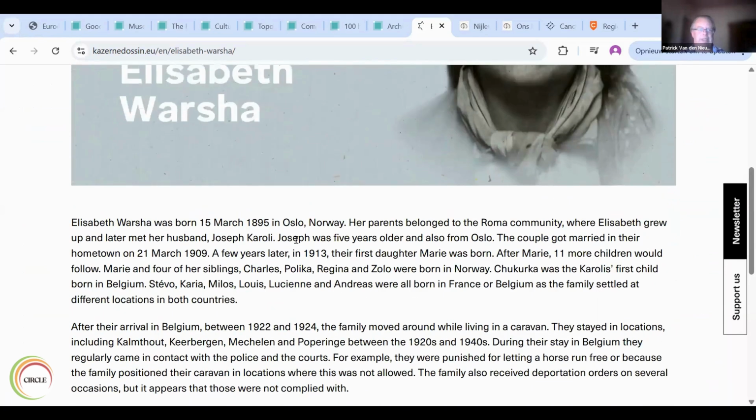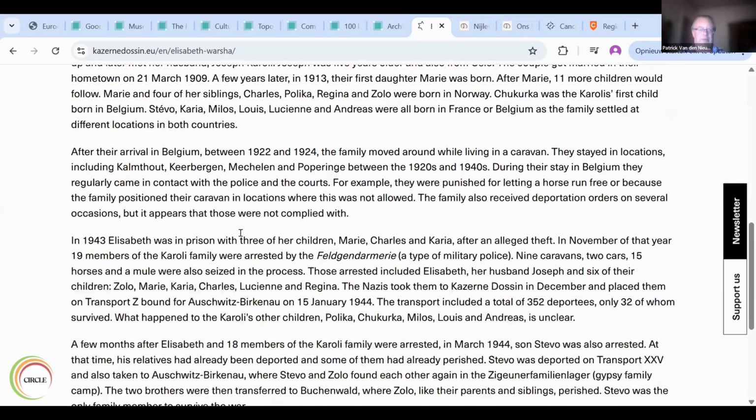For example, she was born on March 15. If somebody also has his birthday on March 15, you have already a first match. If you are a woman, if you live in the neighborhood of, for example, Mechelen or Keerbergen, you see, they make a certain kind of connection that you feel more personally involved.